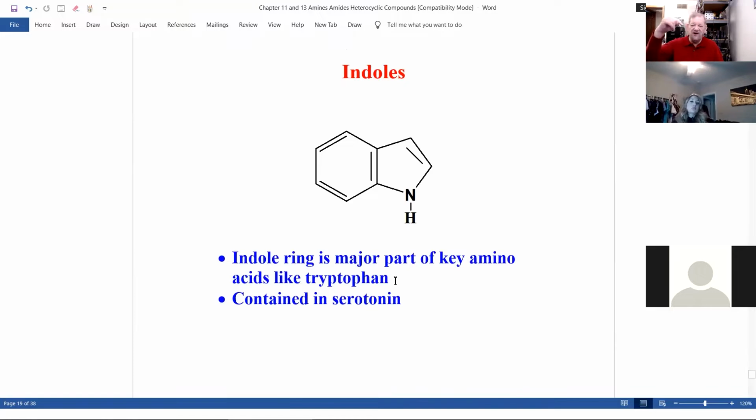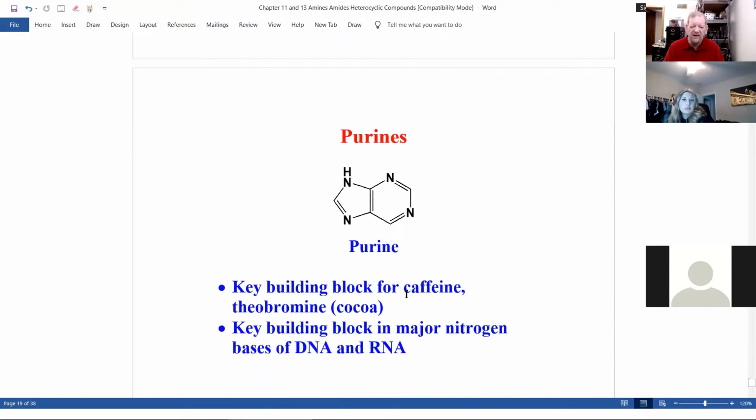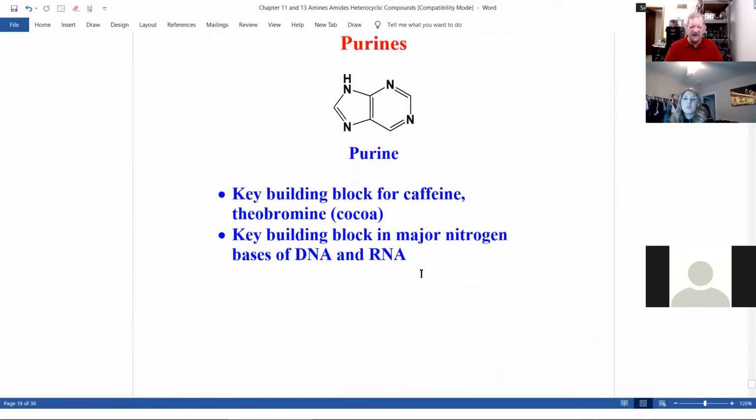Now, switch still off. This is called an indole, and it's also a heterocyclic ring. It's a fused ring, 6 and 5. Notice one of the carbons has been replaced by nitrogen. And it's in things like tryptophan, the key amino acid, and serotonin. Next, this is purine.